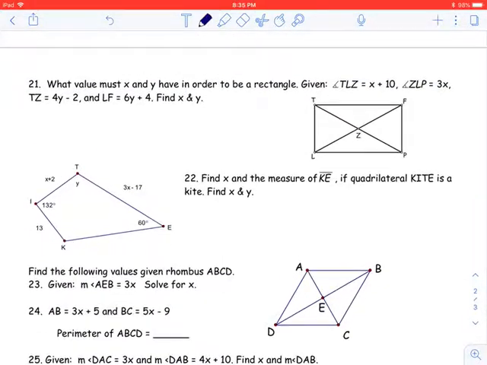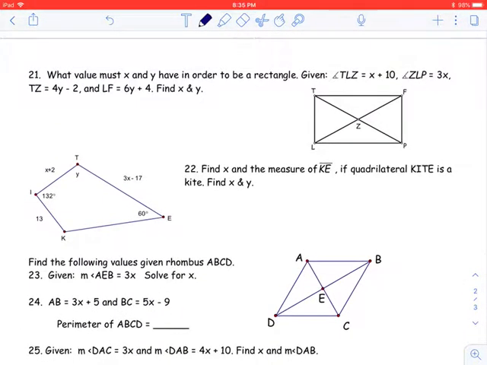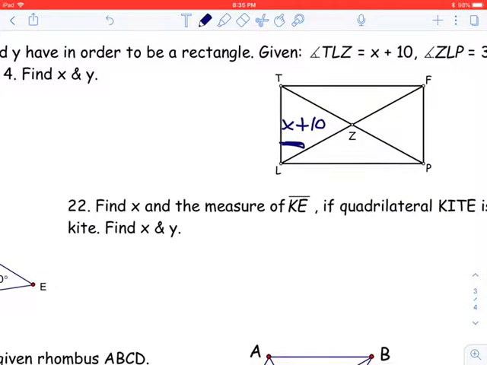So, last page here. Number 21, what value must x and y have in order to be a rectangle? Keep in mind your properties: a rectangle is a parallelogram with perpendicular sides. TLZ is right here, that's x plus 10, and ZLP is 3x.